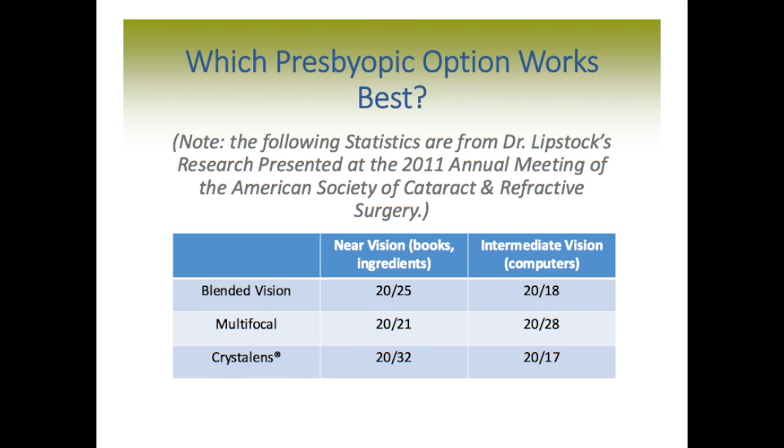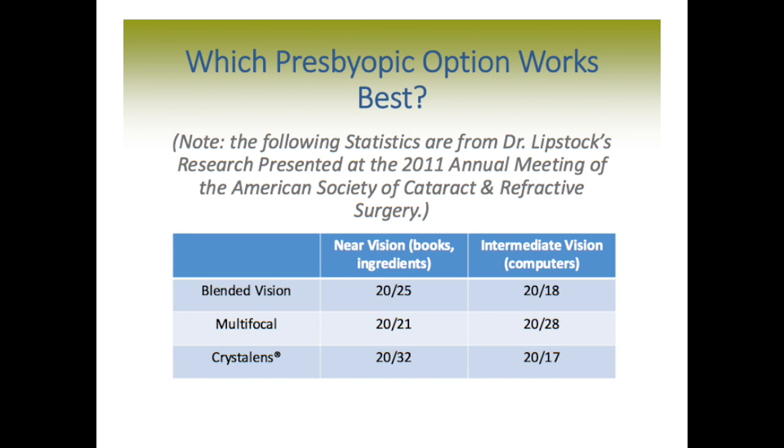With intermediate vision, they were seeing incredibly well, better than 20/20. This is at the computer, 20/18. So decent near vision for, let's say, a magazine, and excellent computer vision. With the multifocal intraocular lens, both eyes are set for distance, but each eye can also see near, and they have excellent vision at near, as we had said.